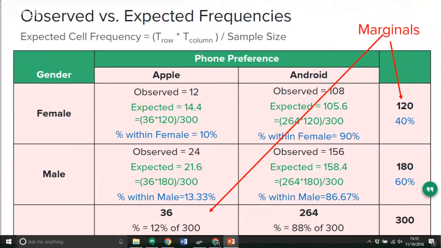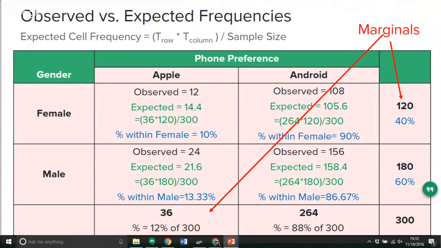We need these expected proportions for our chi-square goodness of fit test. So we would take 12 minus 14.4, the observed minus expected, square it, divide it by the expected, then do it for this cell, and this cell, and this cell, add them all up, and then we would get our chi-square statistic.